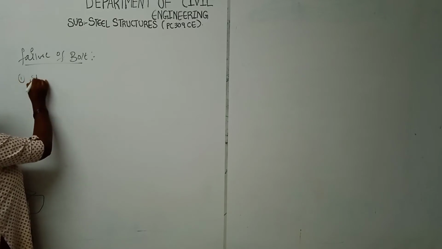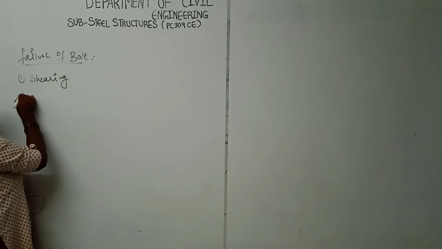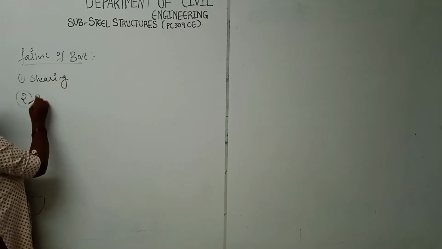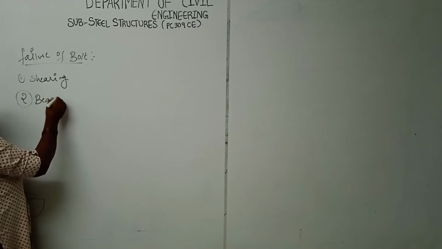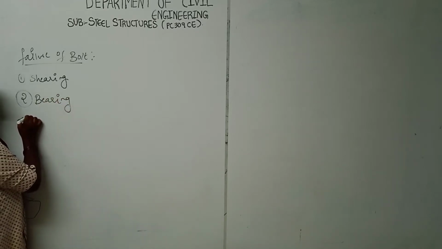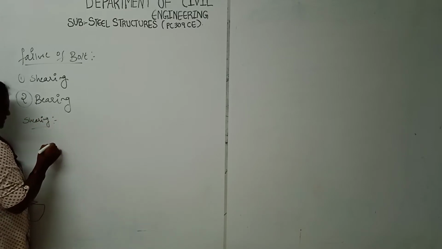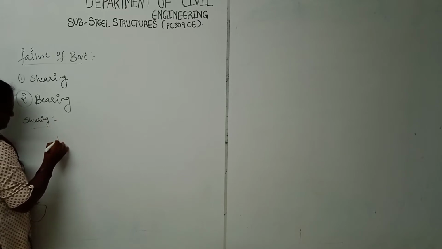One is shearing and one more is bearing. First we will study shearing. So what is actually shearing? For example, this is your single cover butt joint.